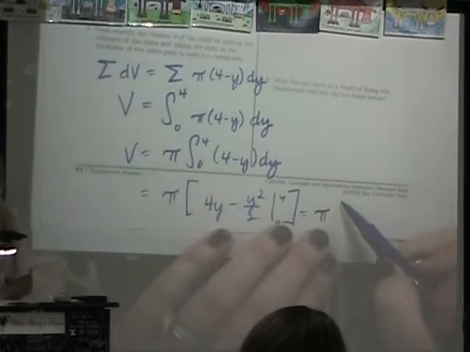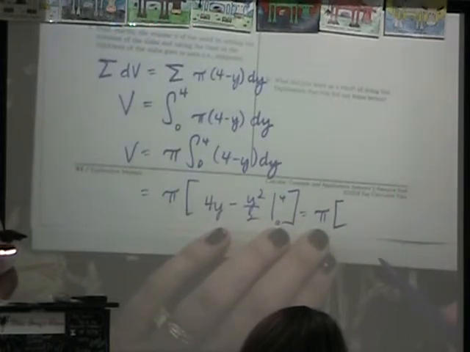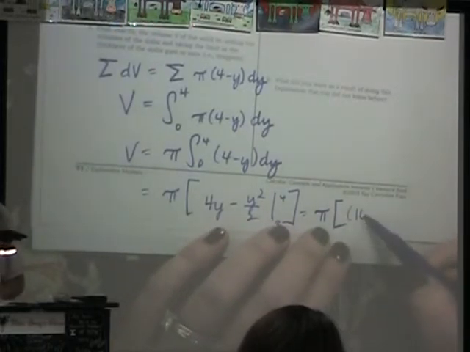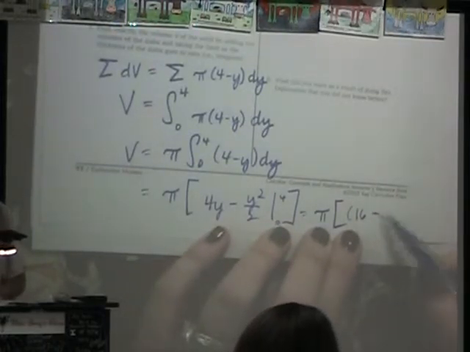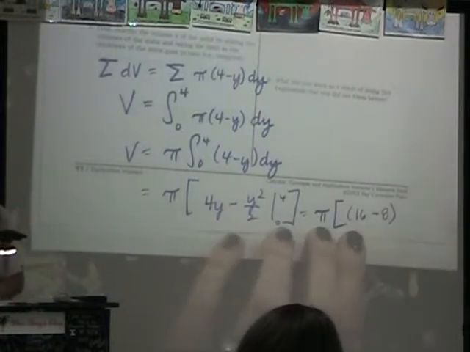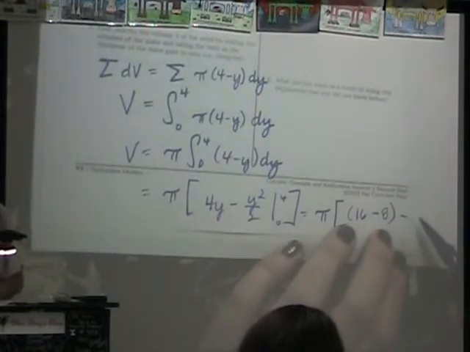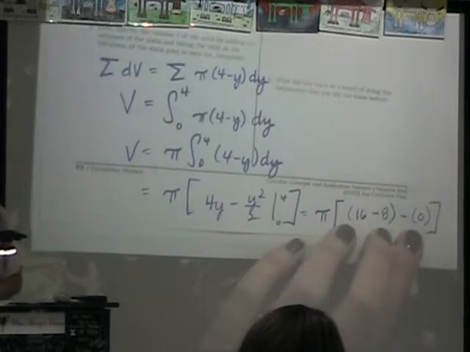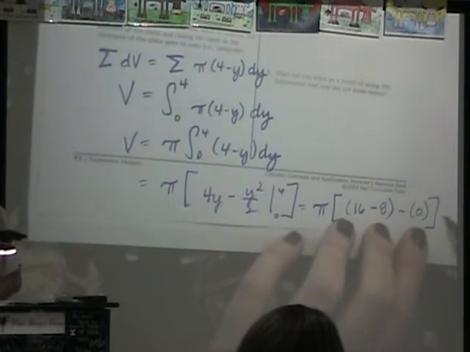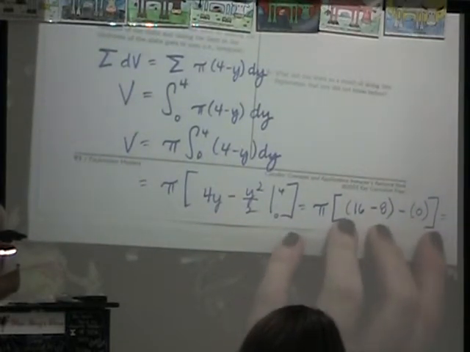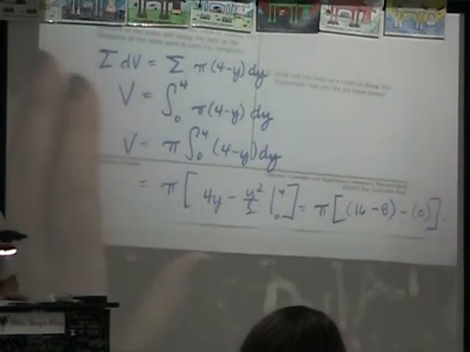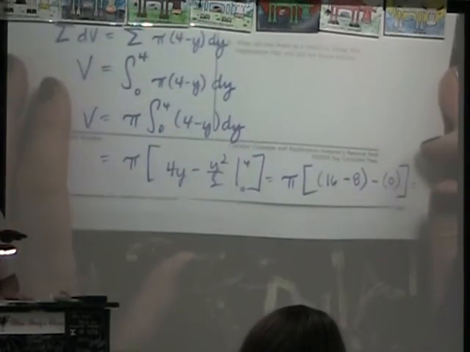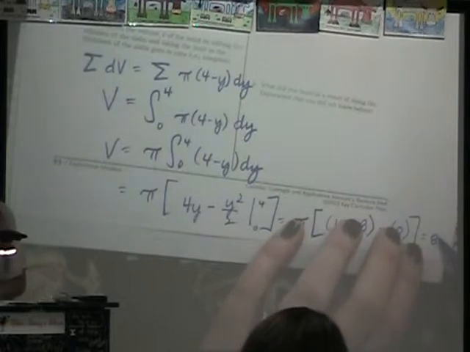So we have pi times 16 minus 8 minus 0. And that's going to give me what for my volume? 8 pi, good. So 8 pi is the answer I'm looking for.